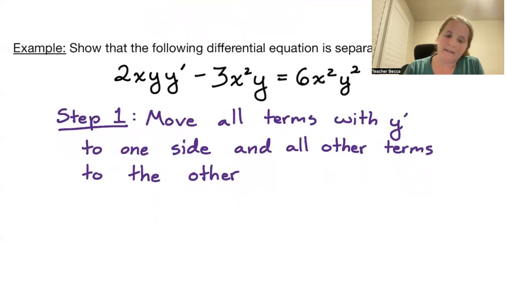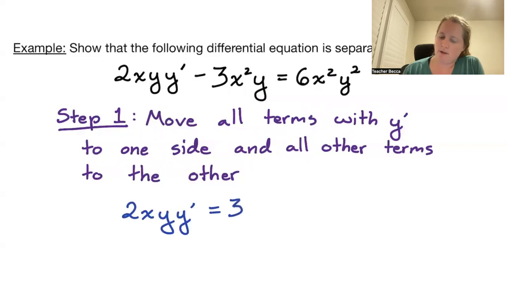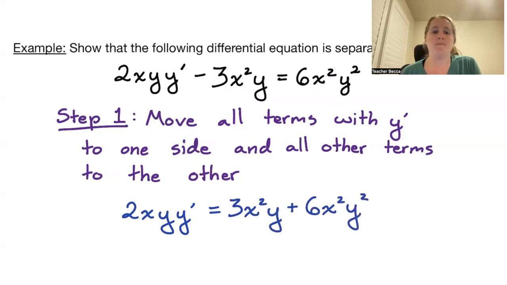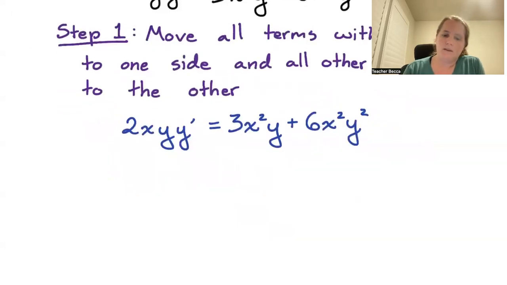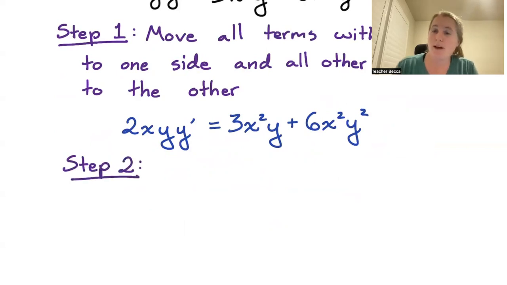So in this case, we have 2xy times y prime on the left is equal to 3x squared y plus 6x squared y squared on the right. Our step 2 is to try to factor both sides so that each factor contains only x or only y.